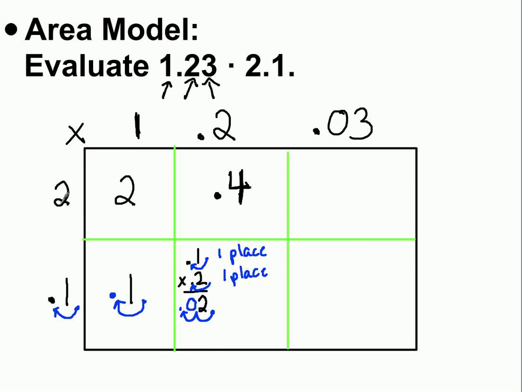And then if I have 2 groups of 3 hundredths, I have 6 hundredths. Now I have 0.1 times 0.03. I'll just ignore the decimals like the traditional way. 1 times 3 is 3. This decimal point is 1 place from the right. This decimal point is 2 places from the right. So therefore, my final answer has to be 3 places. 1, 2, 3.